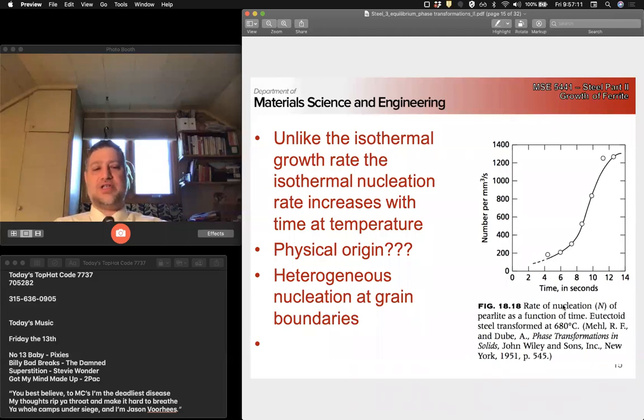Essentially, it takes a little bit of time for things to rearrange and for the microstructure to sort of get its ducks in a row for things to be able to nucleate, because we have to partition the first nuclei that form of either ferrite or cementite.